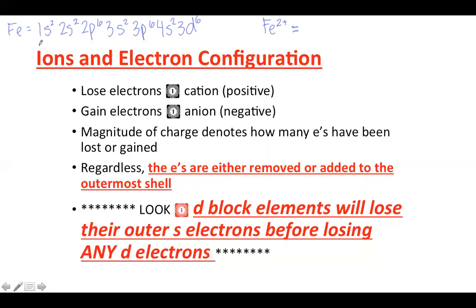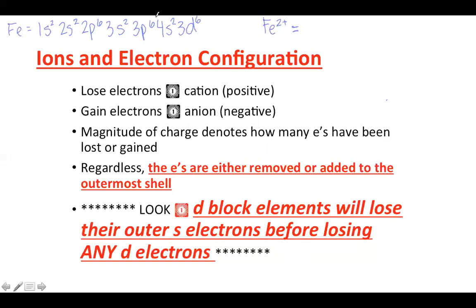So if we're comparing iron to iron 2+, this 2+ tells us that it has lost 2 electrons. So that means we have to get rid of 2 of the electrons in this configuration. And what we're going to do is take it away from the outermost shell.